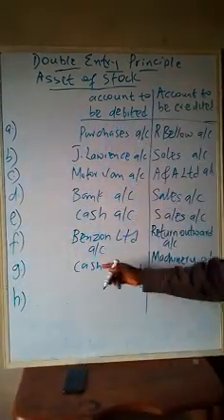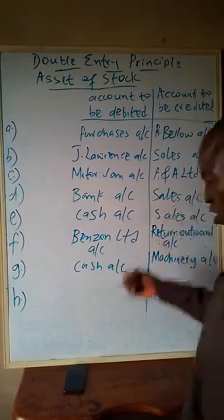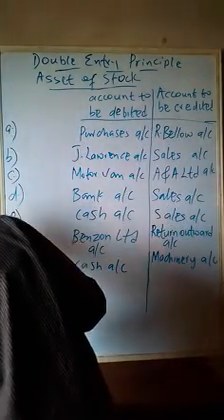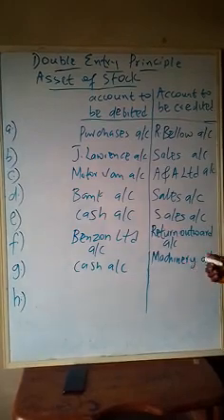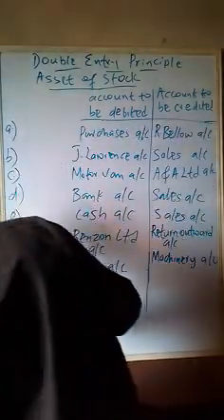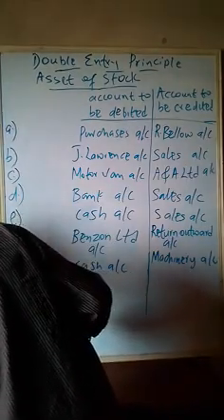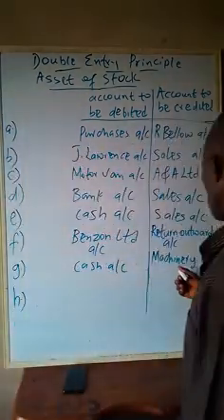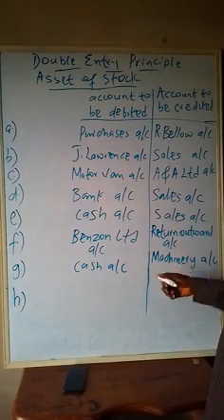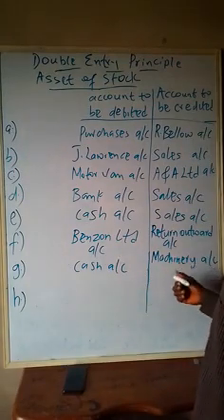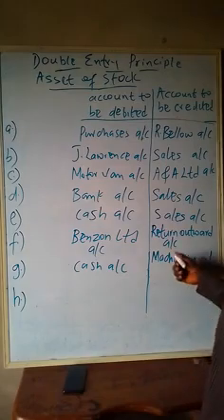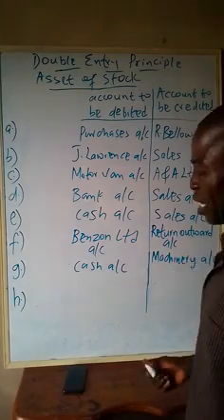This G is omitted, but I read it. This does not involve sales account because it is not goods. Assuming it is goods, it would involve sales account. But machinery sold for cash, so you credit machinery account and you debit cash account.